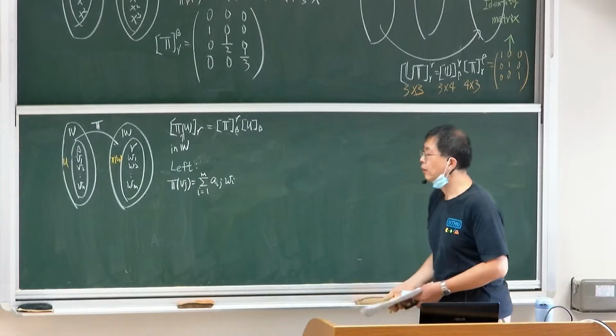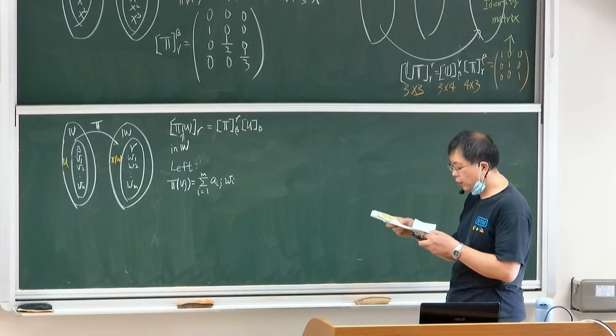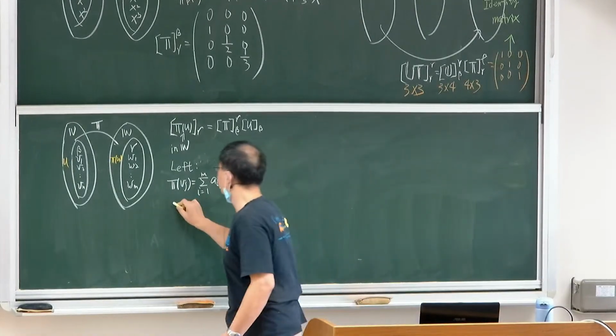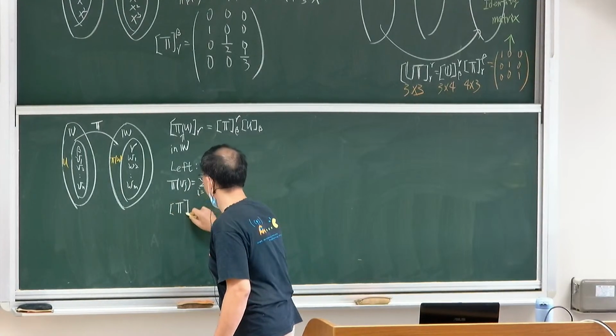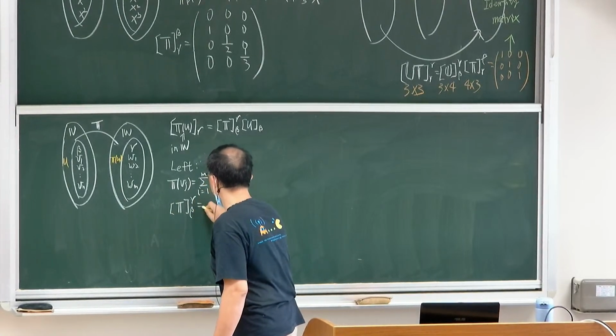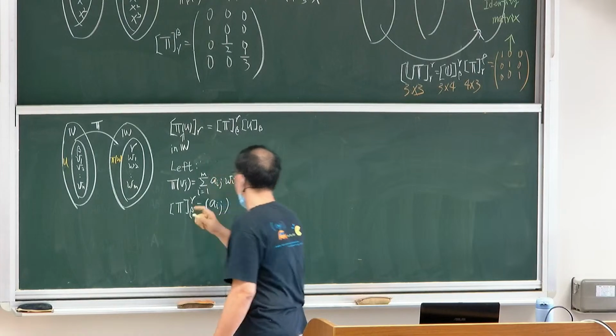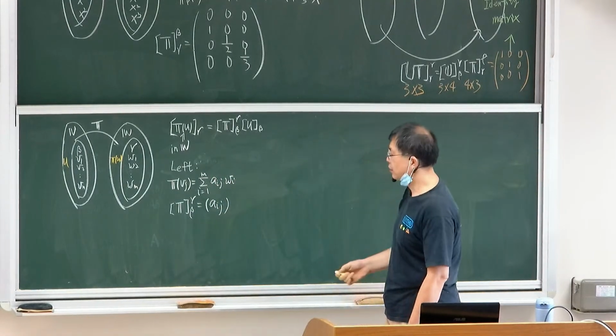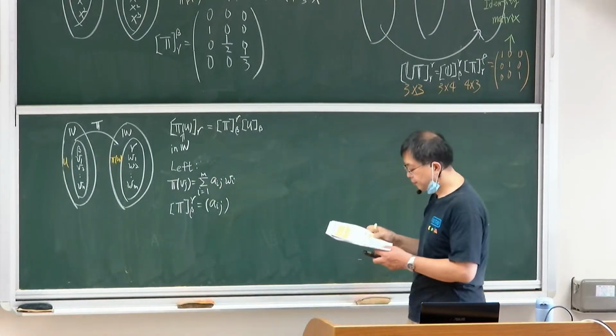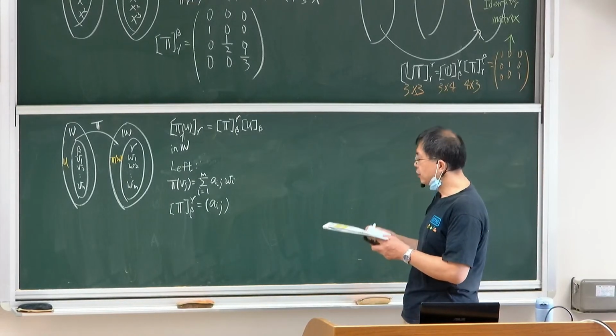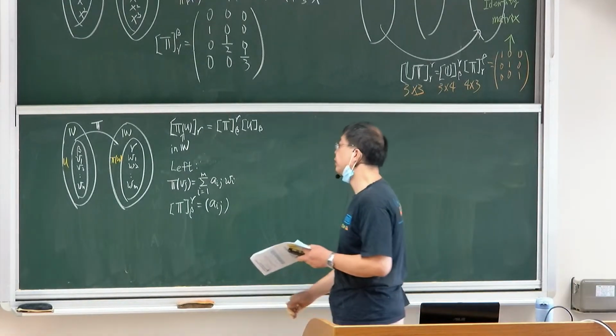We have known this already. So we can write the matrix of T from beta to gamma as the matrix composed of these coefficients. Okay, we have known this already.